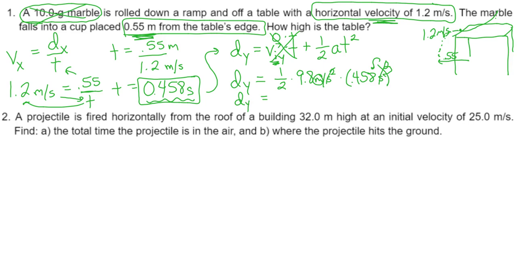So I'm going to start, of course, with order of operations. I'm going to start by squaring my 0.458. So 0.458 squared is equal to 0.209764.